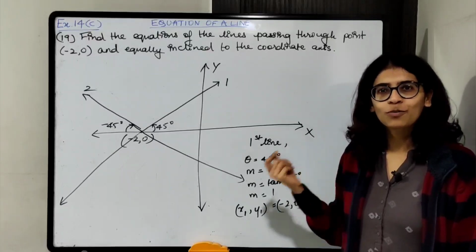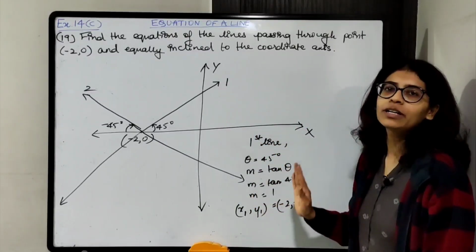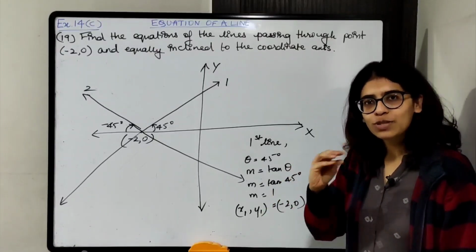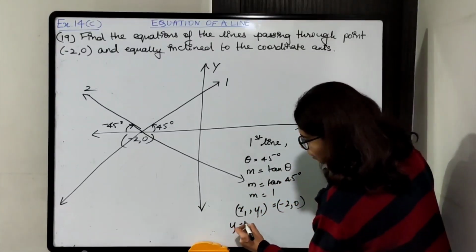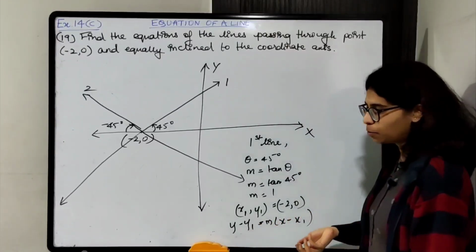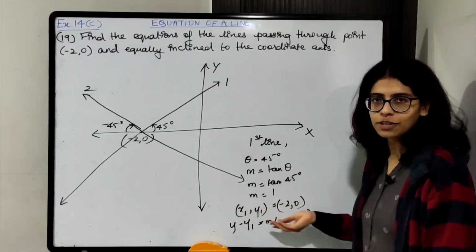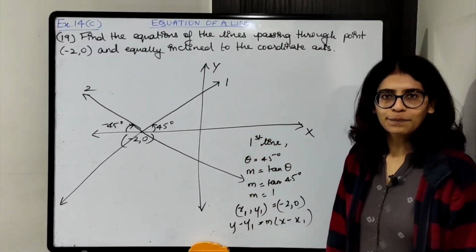Slope point form, whatever you call it, use karenge yahan pe. Slope pata hai, ek point ka coordinates pata hai, so we'll be using that form: y minus y1 is equal to m into x minus x1. Put the values of x1, y1 and m, solve, and the equation mil jayega.